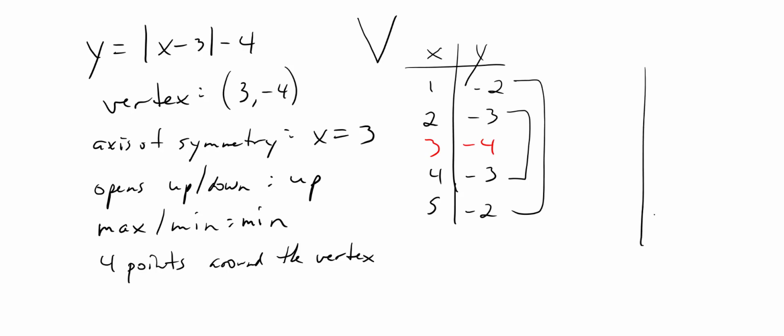Okay, and then let's go ahead and graph this. So we have 5, negative 2, which is right here, and 4, negative 3 is right here. 3, negative 4, which is the vertex. Then 2, negative 3, and 1, negative 2.